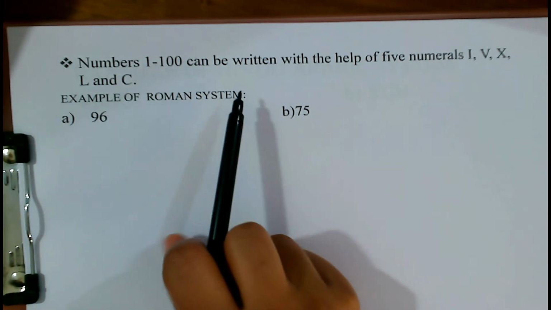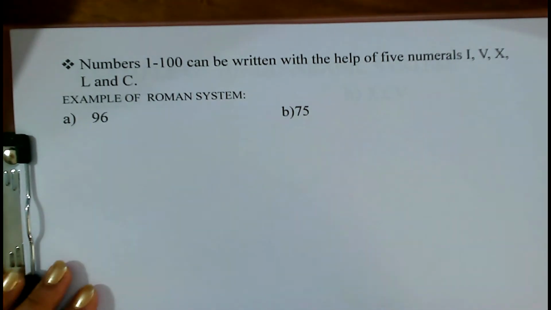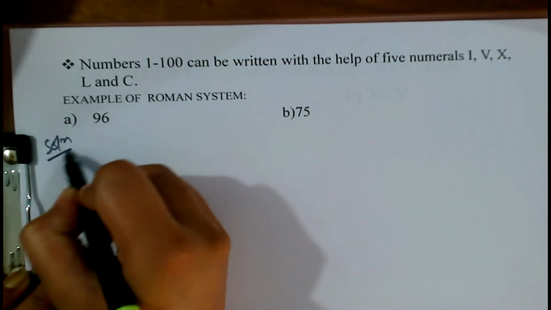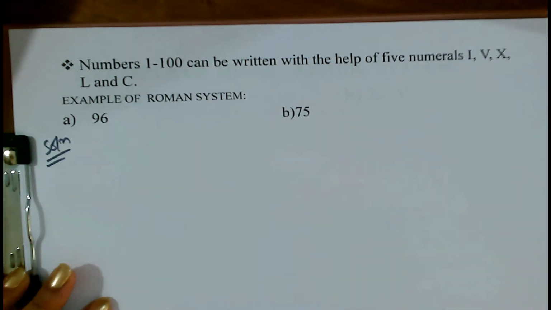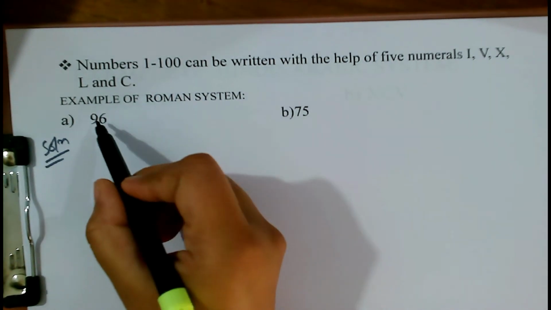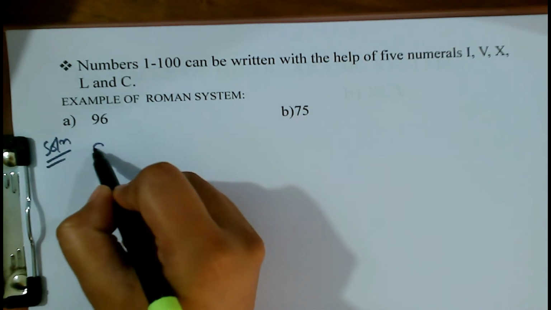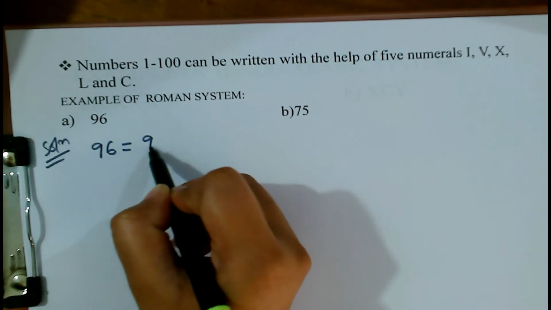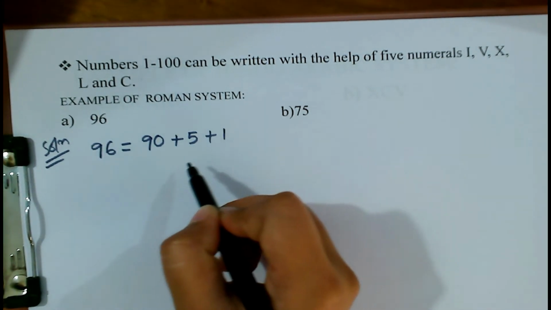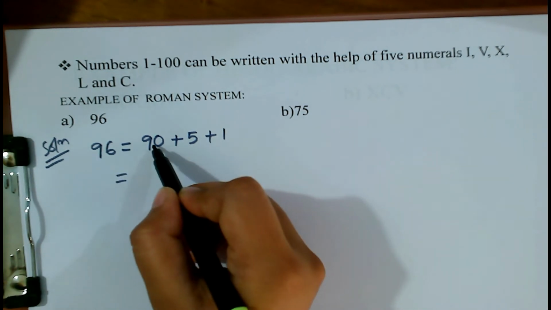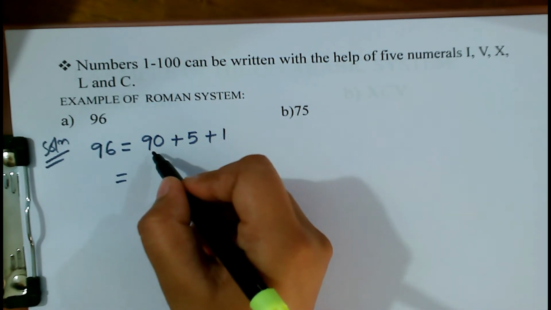Examples of Roman system. Let's try to convert this 96 into a Roman system. Solution. You have to break 96 down. 96 equals 90 plus 5 plus 1. 90 is not there, so break it down too. That means 90 is 100 minus 10.